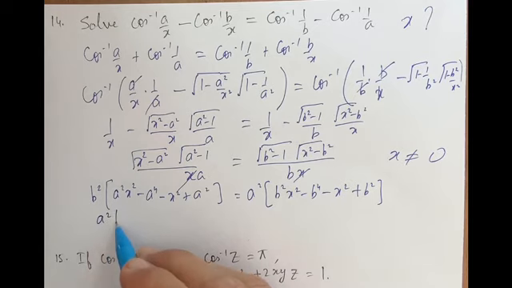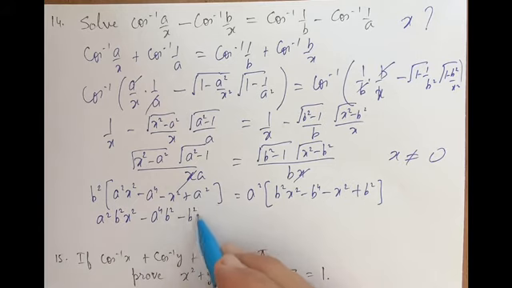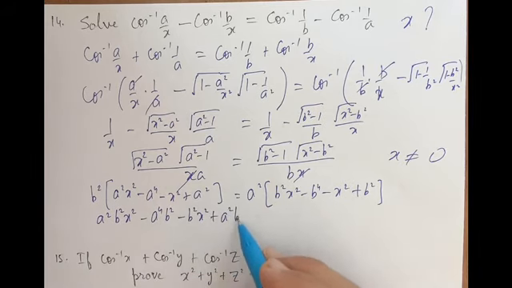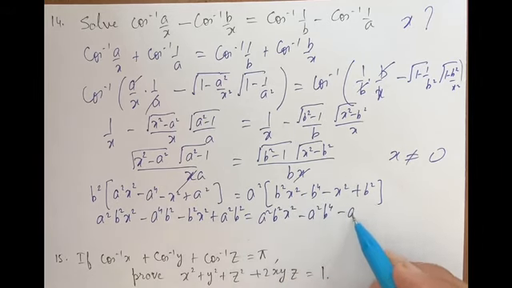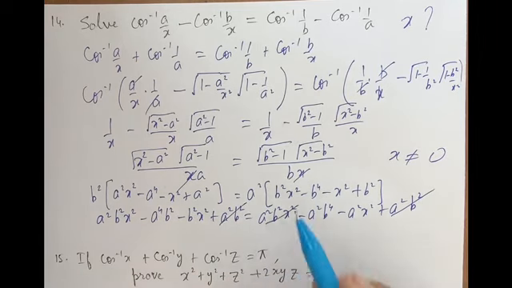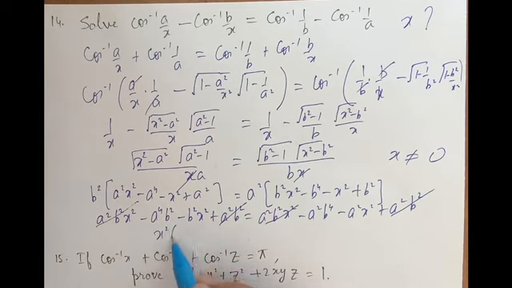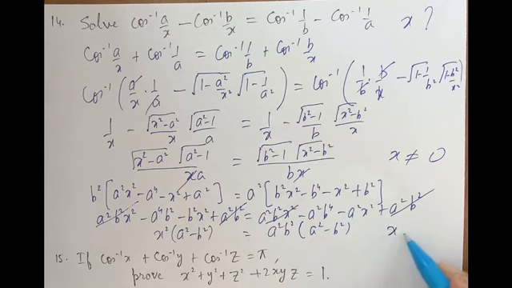This is a square b square x square minus a raised to 4 b square minus b square x square plus a square b square, equals a square b square x square minus a square x square plus a square b square, and this term will cancel out. Shifting x square to the left hand side, x square into a square minus b square is equal to a square b square, so x is plus minus ab.